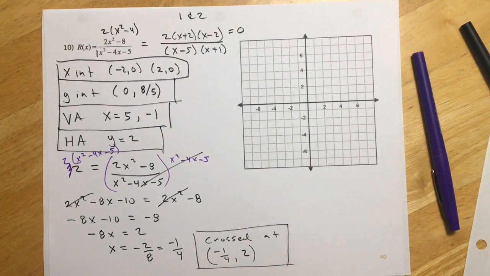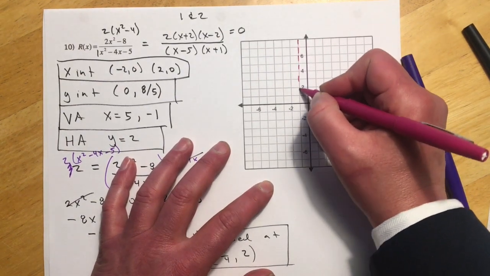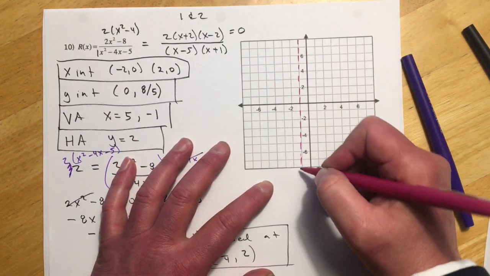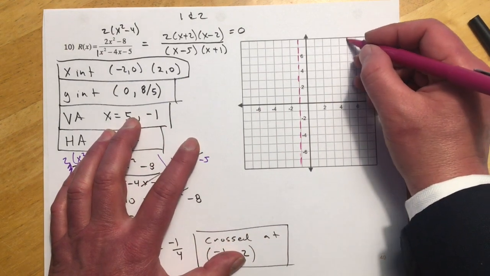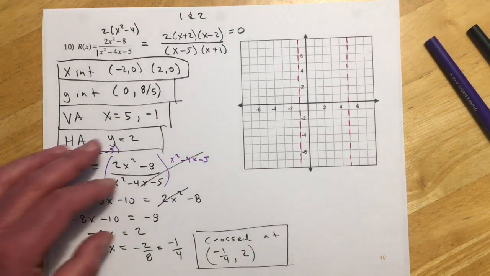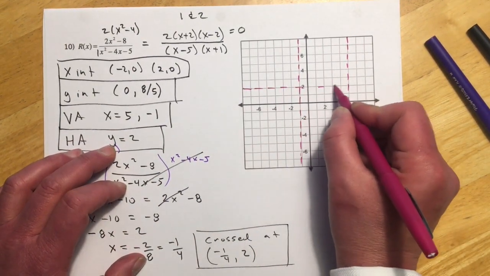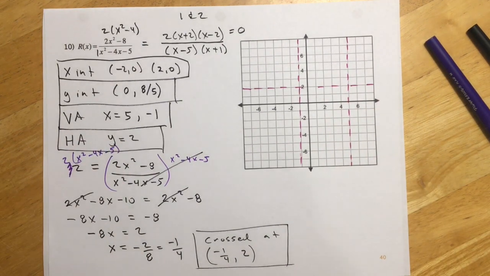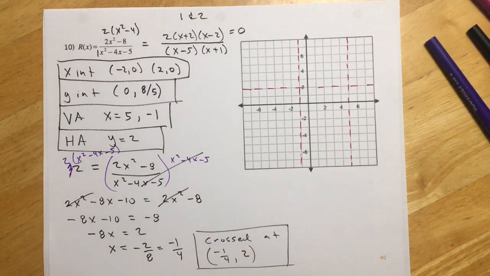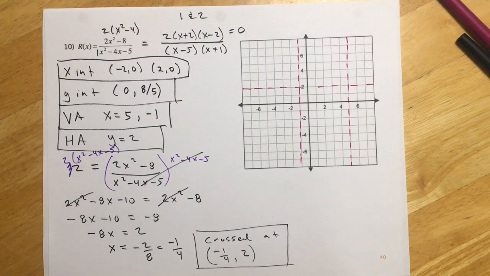We got lots of asymptotes this time. We got one at -1, we got one at 5, and we have y equals 2. So there's our asymptotes, and then let's get all of our intercepts sketched in.